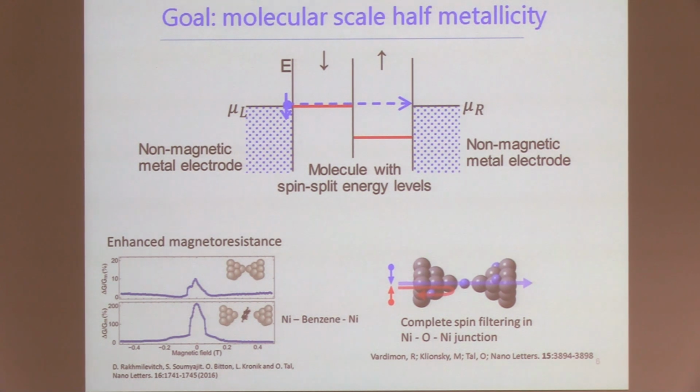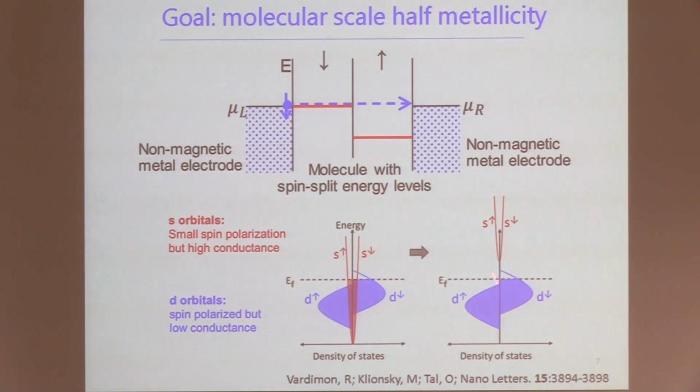Then there was one more proposal. You can think about why we are not using pure ferromagnetic material to see the spin filtering. If you take pure nickel, you will not get 100% spin polarization, because nickel is a d metal, so you have both s and d type orbitals. The s orbitals are completely unpolarized, so you will probably get only 30 to 60% spin polarization with pure nickel.